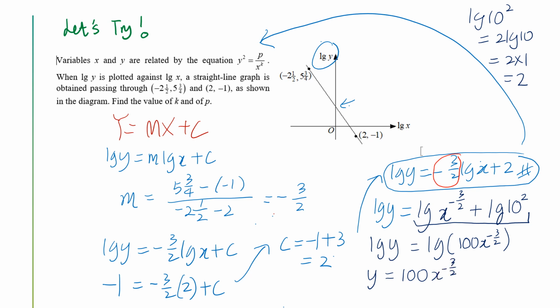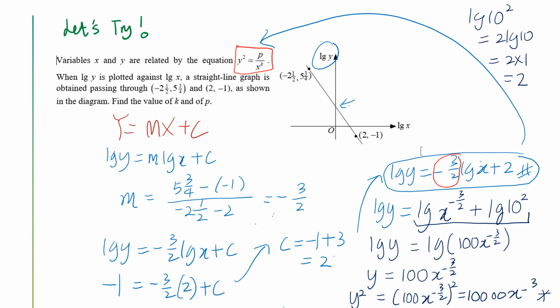And the story doesn't end here, because if you look at what you're given, I have to make y squared the subject, not y. So I have to square both sides. So y squared will be, I need to square this guy, to the power of 2. So I would have 100,000, then x to the power of negative 3.